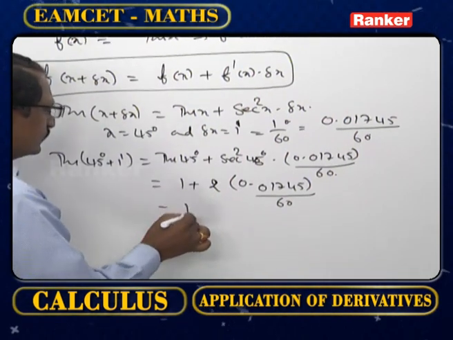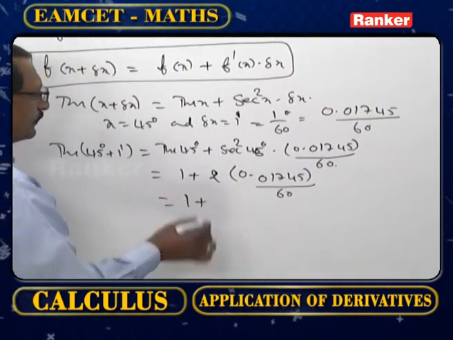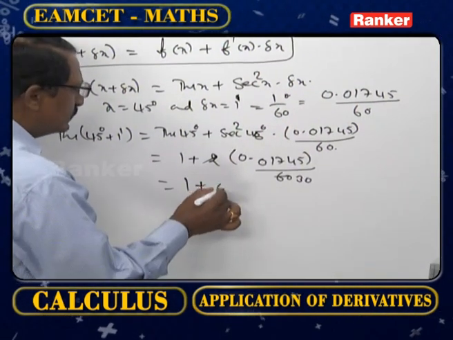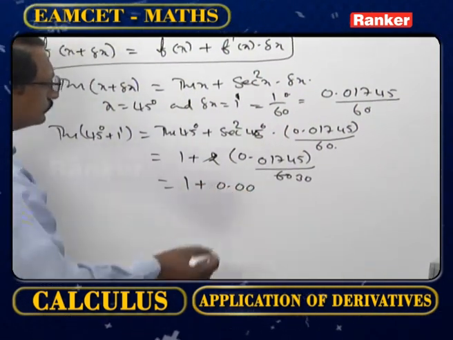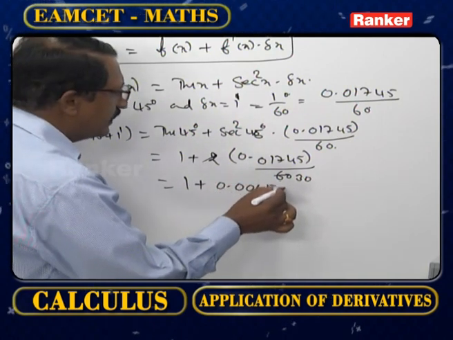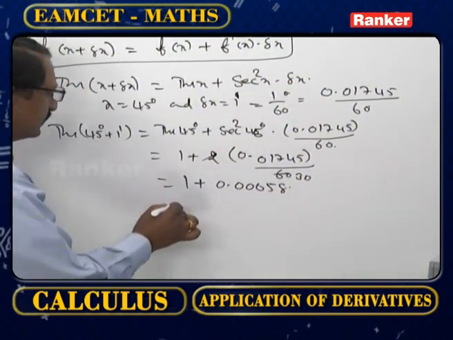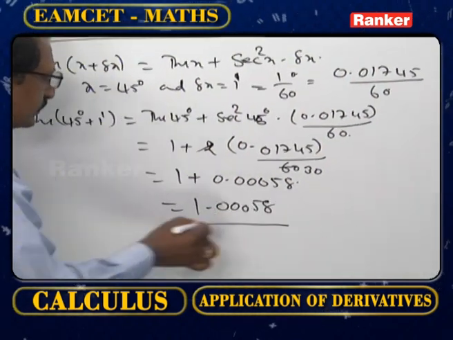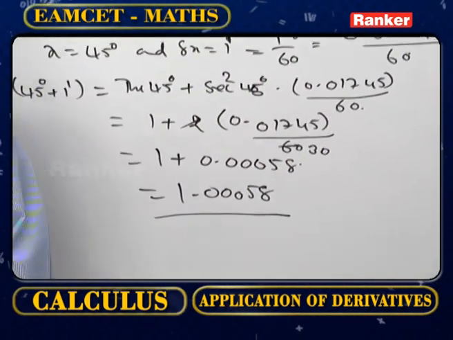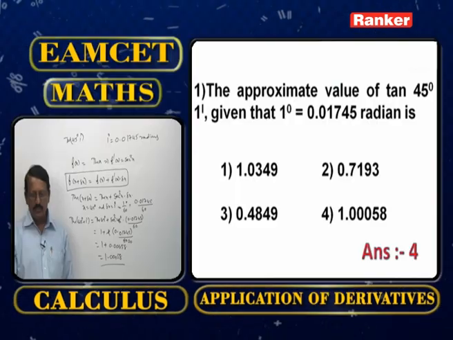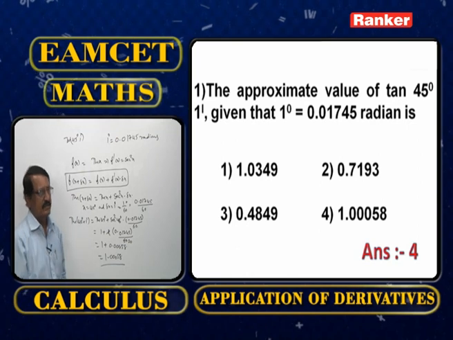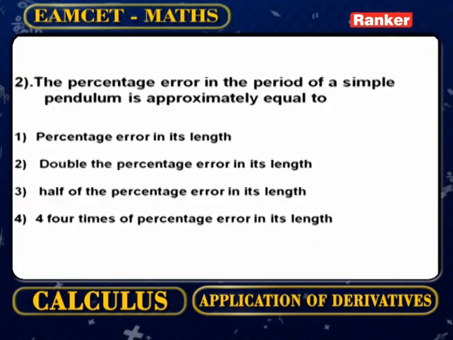That equals 1 plus 2, 30 times cancel. Now divided by 30, we get 0.00058 approximately. That equals 1.00058. Now the value of tan 45 degrees 1 minute equals 1.00058. Now the fourth option is correct.